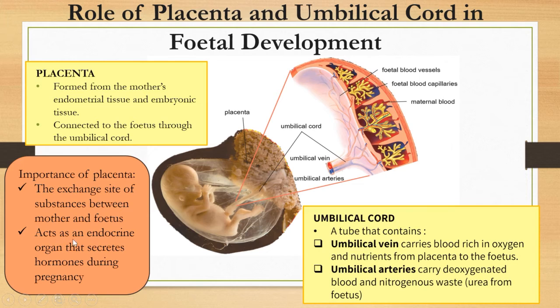The placenta also acts as an endocrine organ. Why an endocrine organ? Because the placenta secretes hormones. An endocrine organ refers to an organ that secretes hormones. During pregnancy, the placenta secretes estrogen to maintain the thickness of the endometrial wall, and also secretes progesterone, also for maintaining the thickening of the endometrial wall.